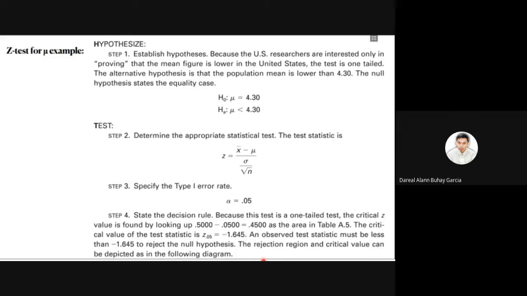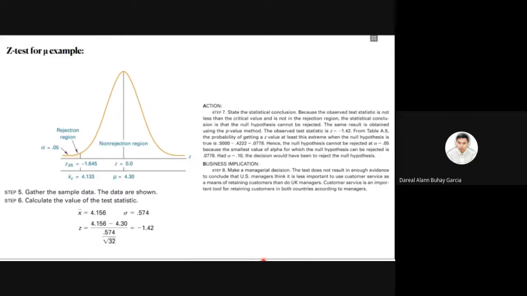The rejection region and critical value can be depicted in the following diagram. This is our bell curve, divided in the middle by z equal to 0. We mark z of 0.05 equal to negative 1.645 right here. Below this is the region of rejection.